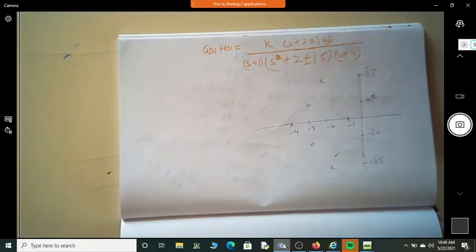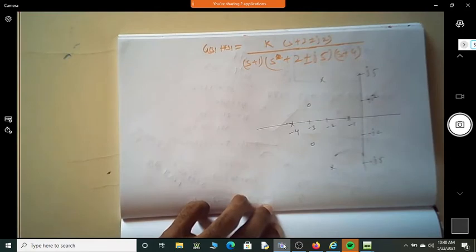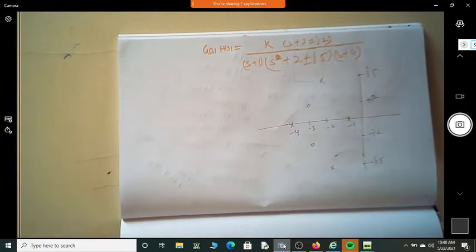These are the poles and zeros. Correct? Right. Number of asymptotes. Their angles. Centroid.